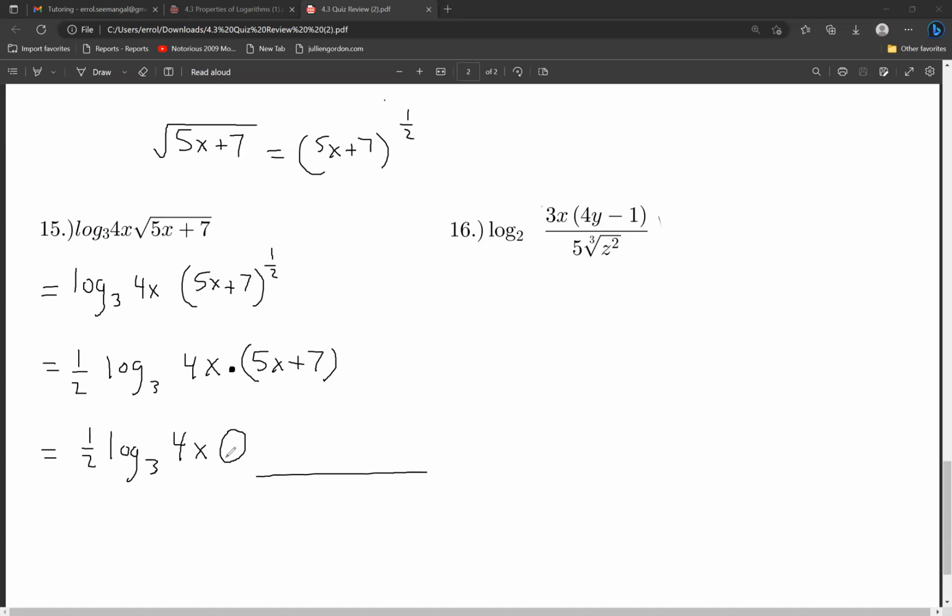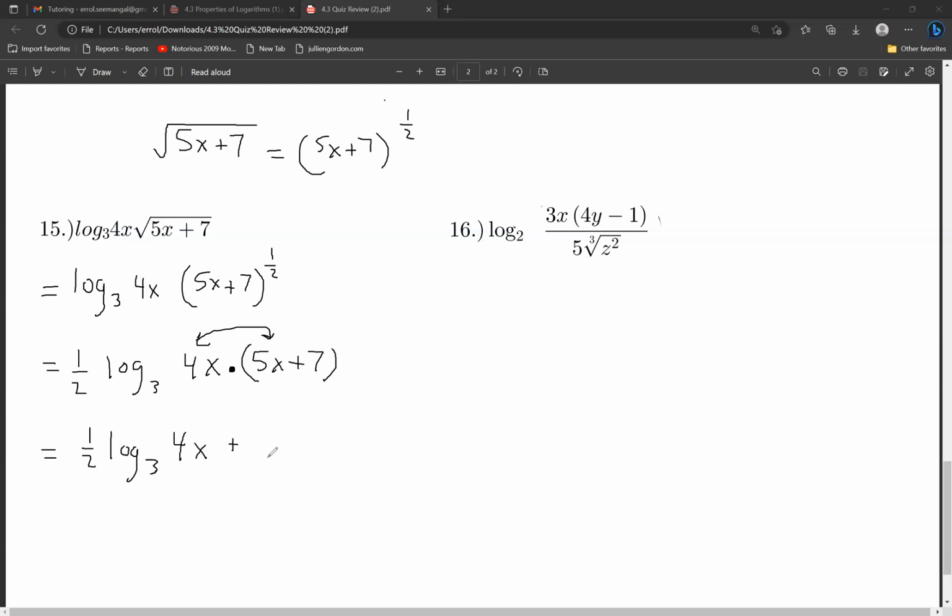It's multiplication, so you go add right there. Is it just 5 times 7? No, it's 4 times 5x, so 20x plus 7. Don't multiply these two. Break it into two.